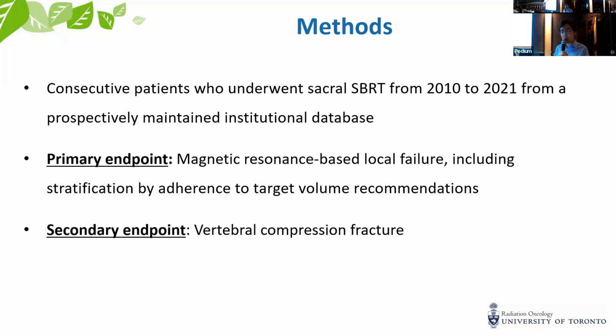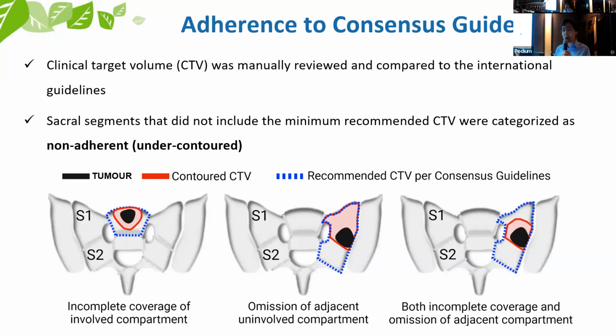The primary endpoint was to assess MR-based local failure, including stratification by adherence to target volume recommendations, and the secondary endpoint, vertebral compression fracture. For the primary endpoint, the clinical target volume was manually reviewed and compared to the international guidelines.